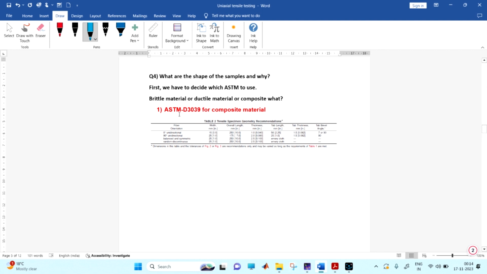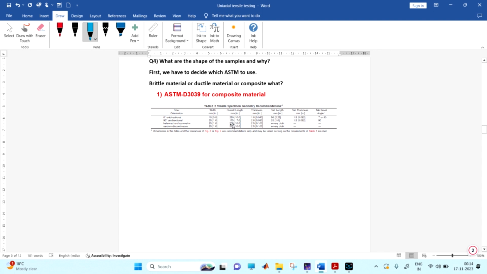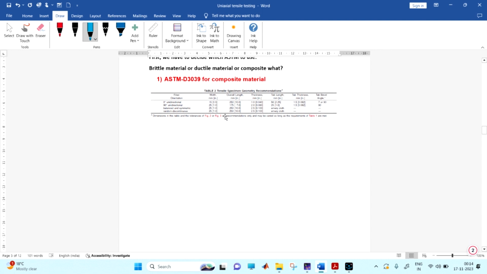For composite material the standard is ASTM D3039. Here I have taken the table. This table shows that if we have a 0 degree composite material, where we have made the laminate with 0 degree unidirectional fibers, then the width is 15 mm, the overall length is 250, the thickness we can make 1 mm, and the tab length is 56.